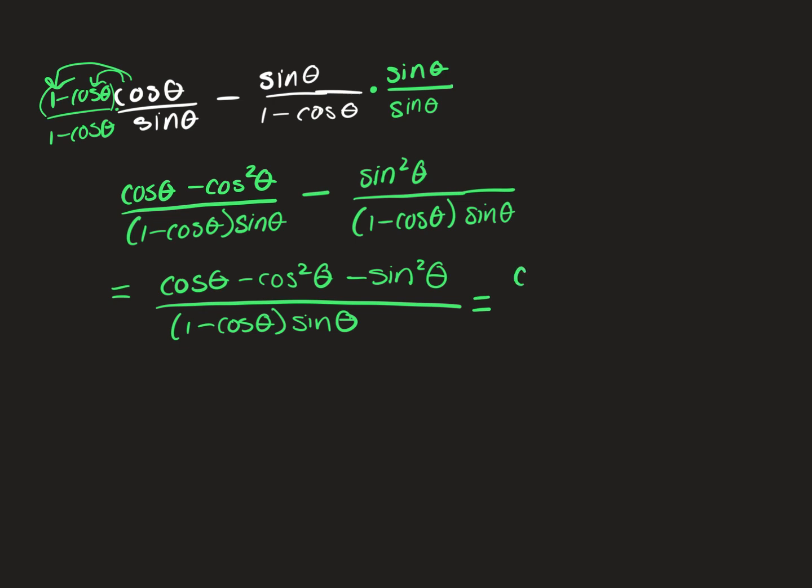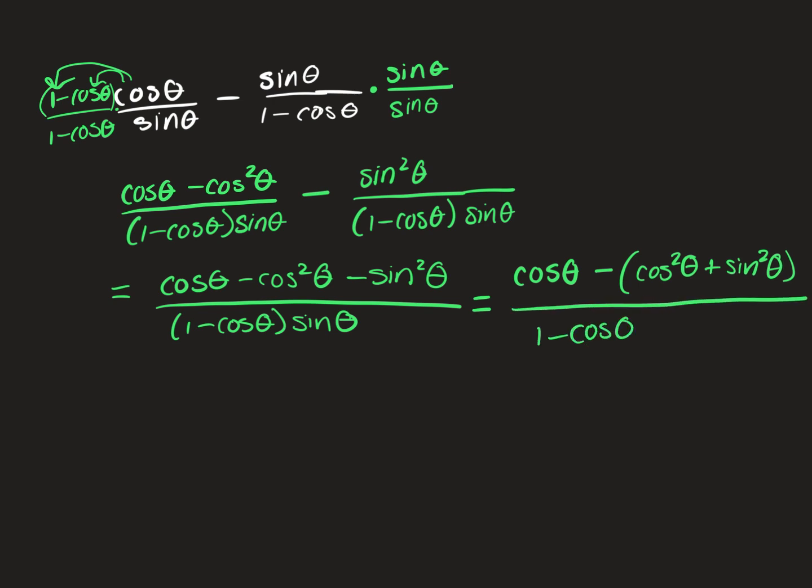All right, so we can factor. Factor out a -1. Why do we do that? Okay, hold on.